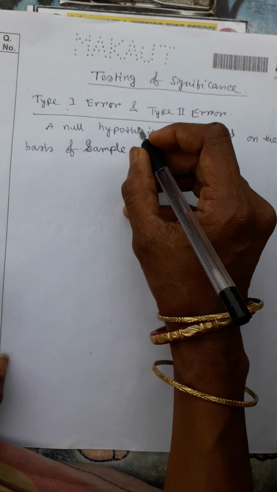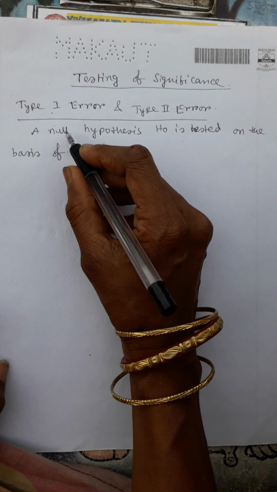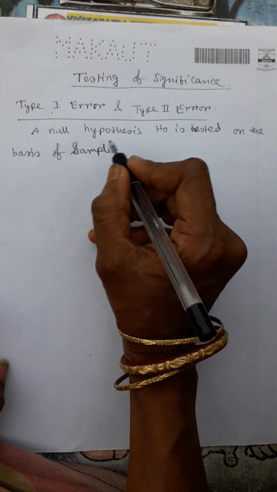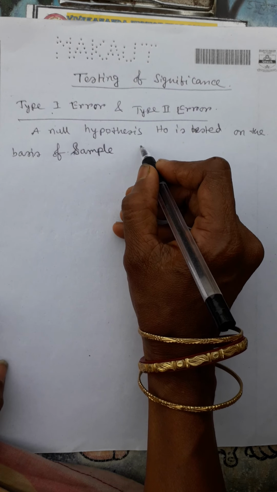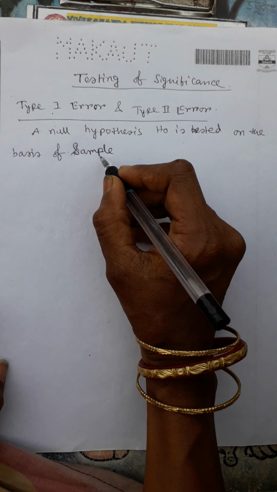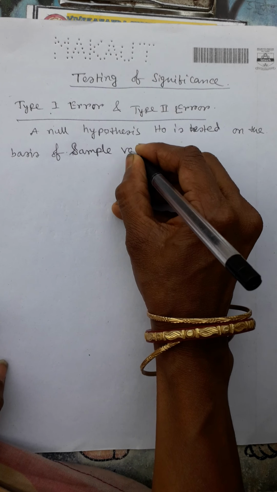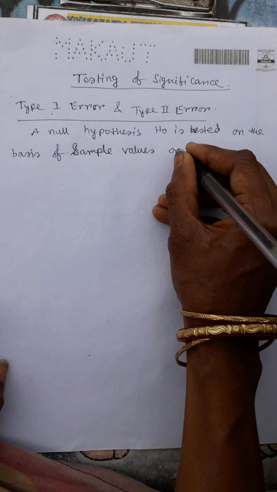Today's topic is testing of significance. First is type 1 error and type 2 error. A null hypothesis H0 is tested on the basis of sample values only.